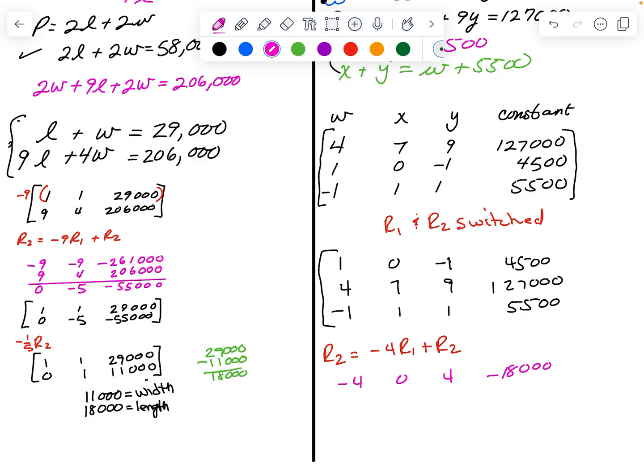And then 4, 7, 9, 127,000. 0, 7, 13, 109,000.